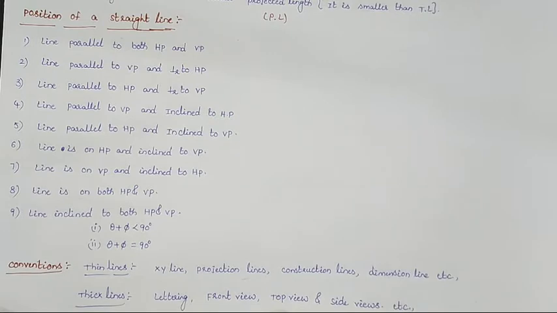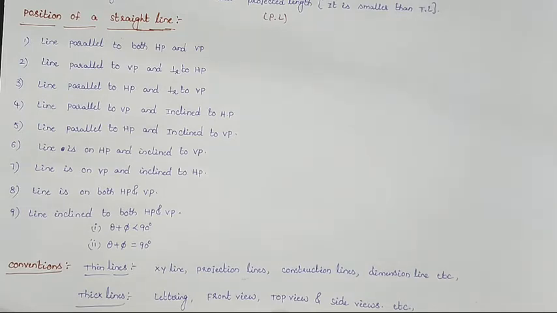Line parallel to HP and perpendicular to VP, line parallel to VP and inclined to HP, line parallel to HP and inclined to VP, line on HP and inclined to VP, line on VP and inclined to HP, and the last one is line inclined to both HP and VP.